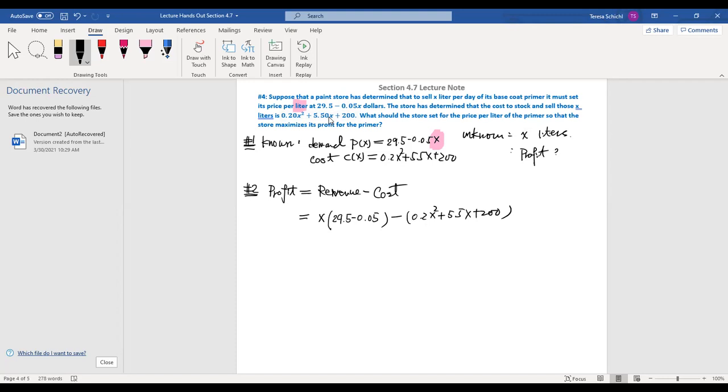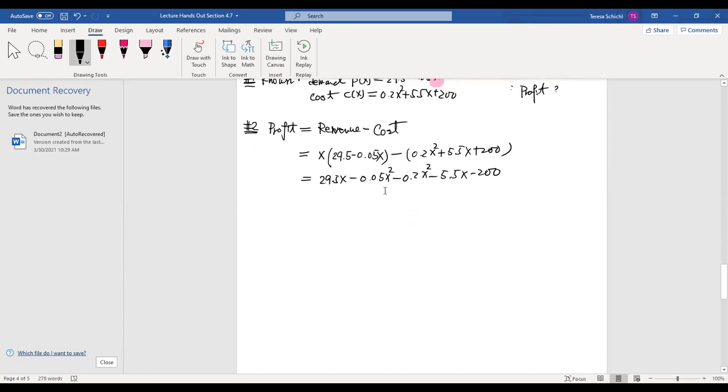Now this will be 29.5X minus 0.05X squared minus 0.2X squared minus 5.5X minus 200, correct? Now we just combine the terms.